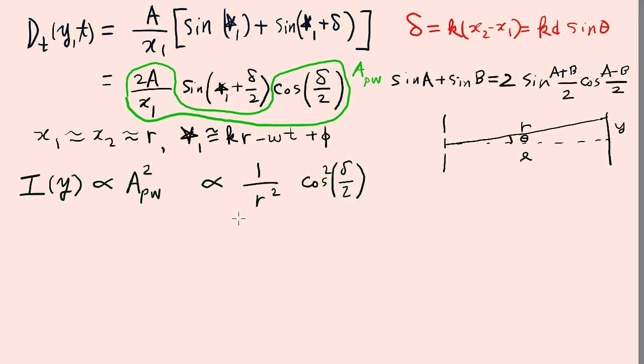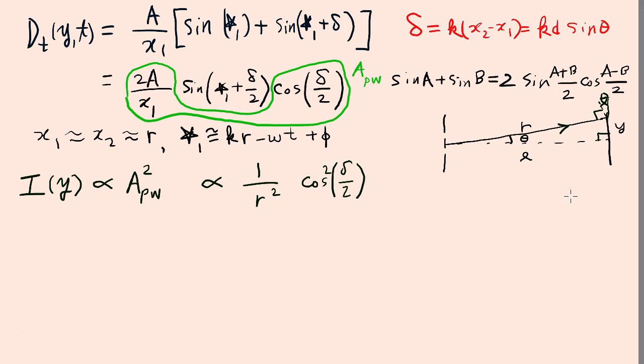There's an additional factor here, and it comes into play because the screen on which we measure the intensity is actually not orthogonal to the beam that comes to the screen. So what's the angle? Is it not 90 degrees? If you draw a perpendicular line to the beam like that, then you can figure out that this angle plus that angle is 90 degrees, and in this other triangle this angle plus that angle is 90 degrees, so that means this angle is theta.